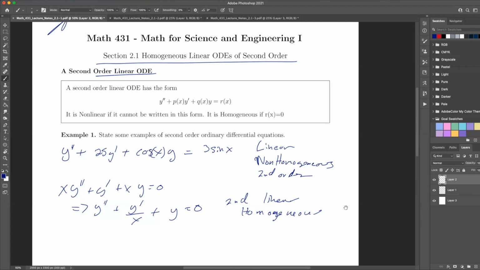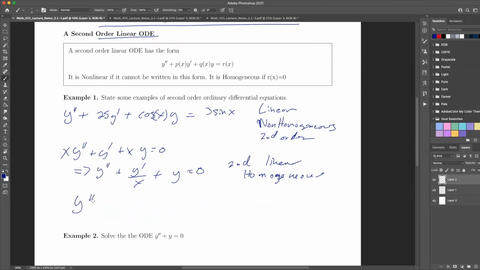And the last one, I'll just show you something. Here I have y double prime times y plus y prime squared equal to 0. This is nonlinear, for a lot of reasons. This is nonlinear because here I have a y double prime times a y. So anytime there's y anything times y anything, prime, double prime, whatever.